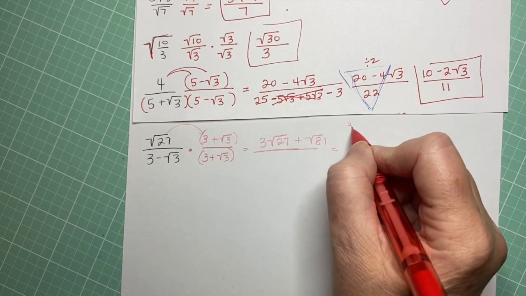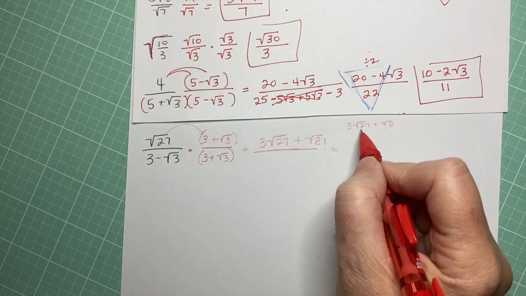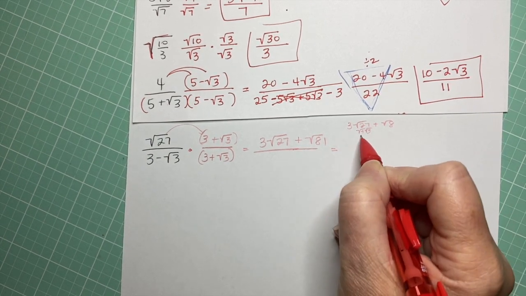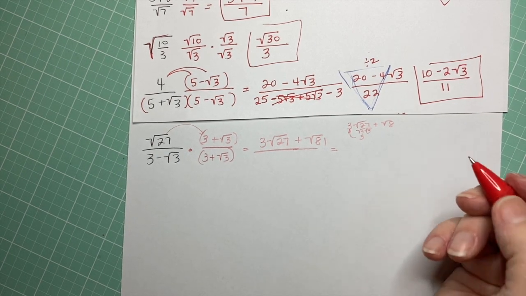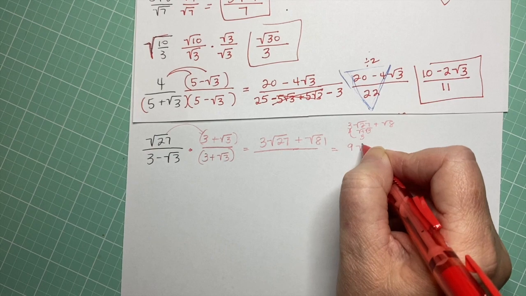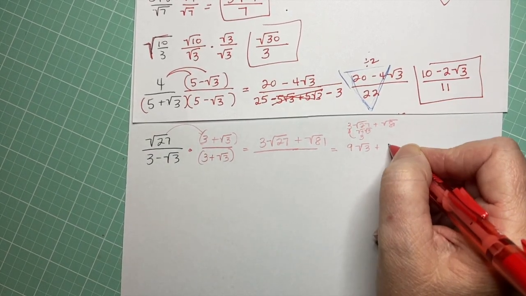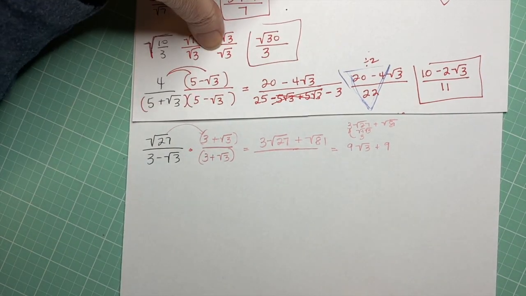The square root of 27 breaks up to be 9 times 3. The square root of 9 is a regular 3, so it's going to multiply by that 3 and become a 9 square root of 3. And then the square root of 81 is just a regular 9. So that becomes 9 square root of 3 plus 9 on the top.